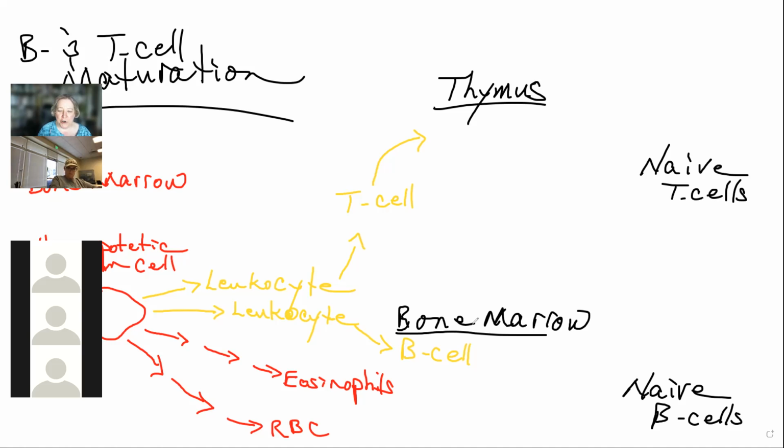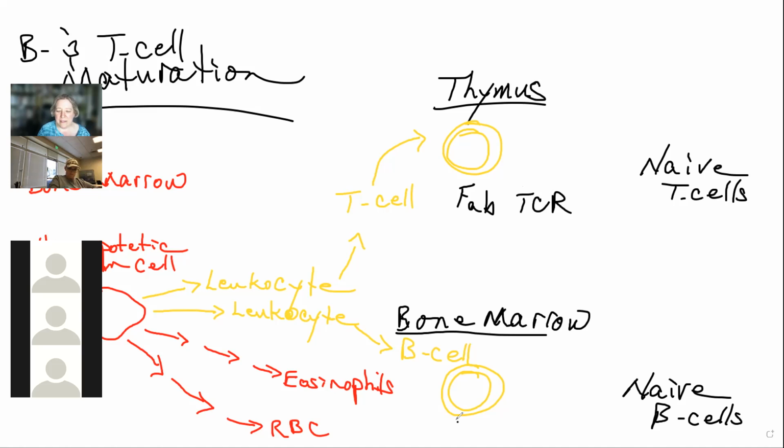While they are maturing, say B cells in the bone marrow and T cells in the thymus, they do some rearranging of parts of genes in that FAB region. For T cells, it's the FAB region of their T cell receptor.